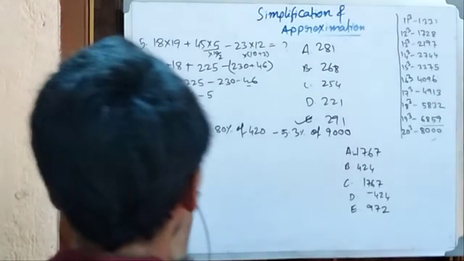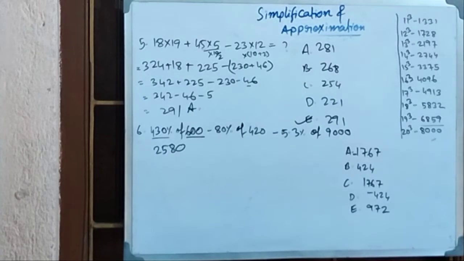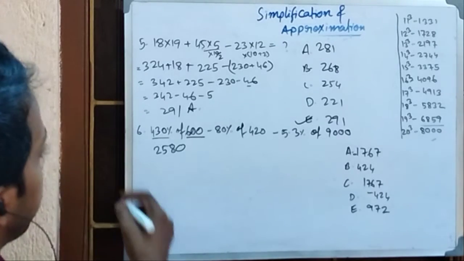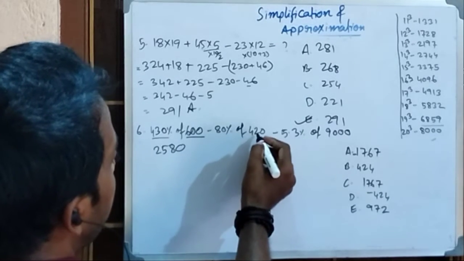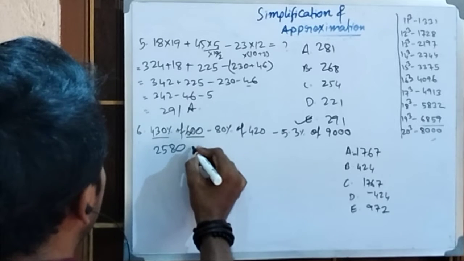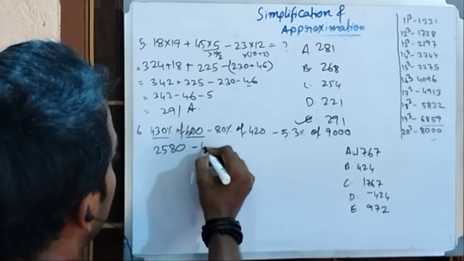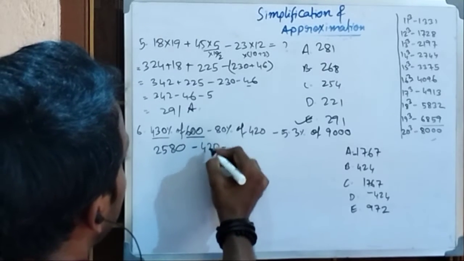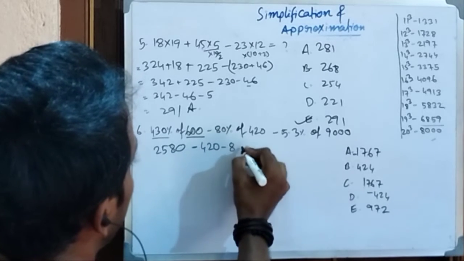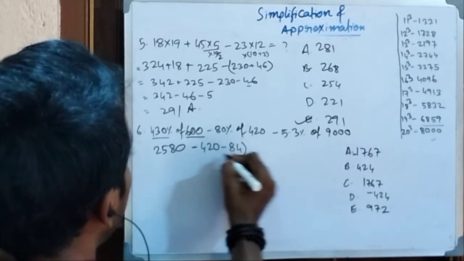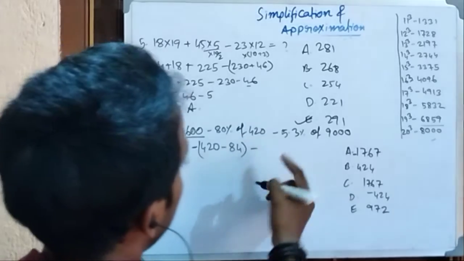Okay. So 2580 is the value here. Now 80% of 420. 80% of 420 means you can just take 420 minus 20%, which is 10% 42, 20% 84, just minus it.